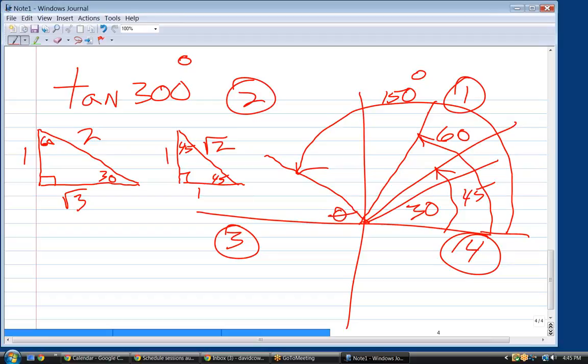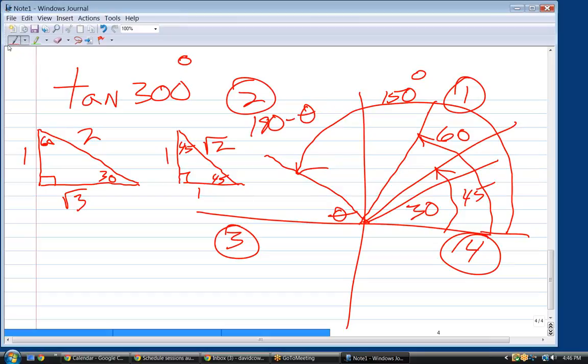In my picture there, what is theta? That would be 30 degrees there? Yeah, if we use this formula, 180 minus theta, we get the equivalent first quadrant angle.